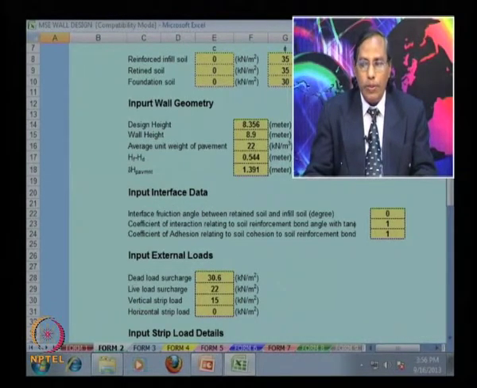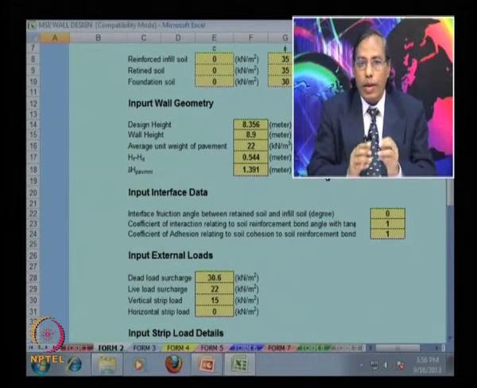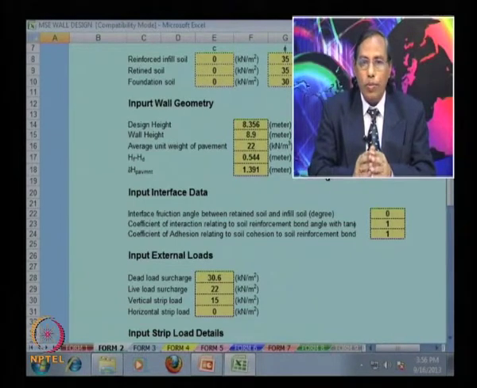Now, input interface data. The interface friction angle between the retained soil and infill soil is 0. Coefficient of interaction relating to the soil reinforcement bond angle, with tan phi, is equal to 1. Coefficient of adhesion, retained soil cohesion to soil reinforcement bond, is 1.